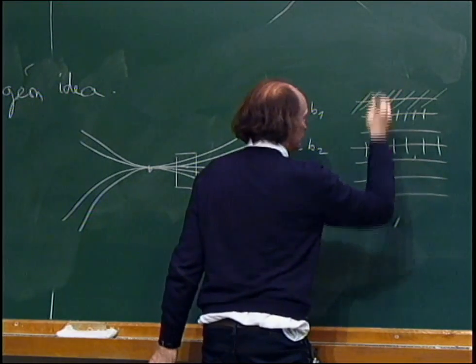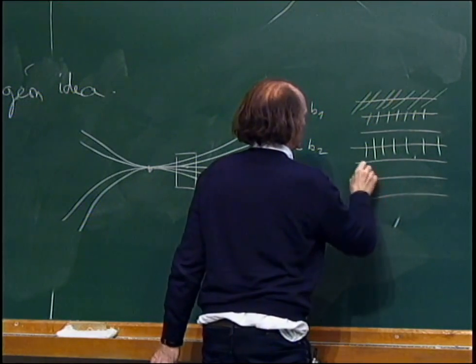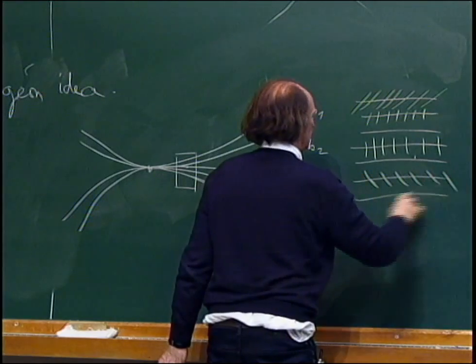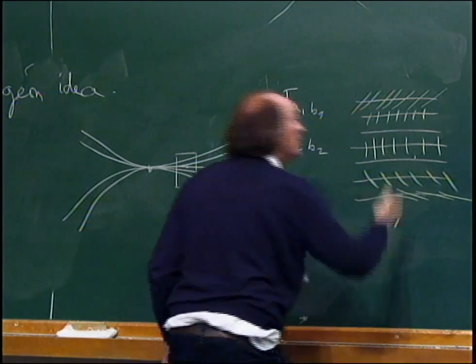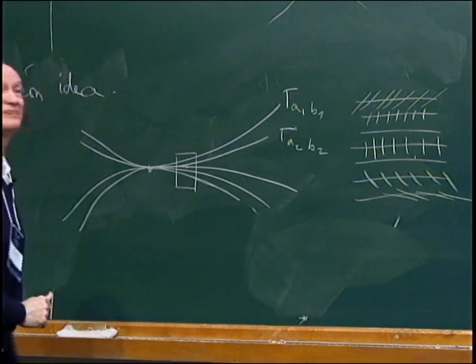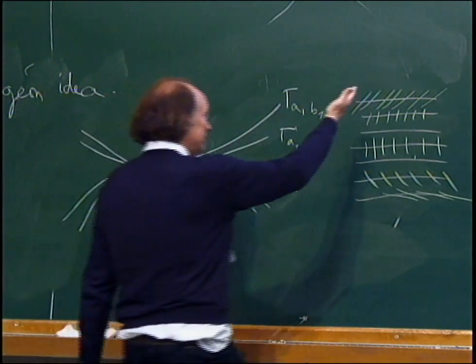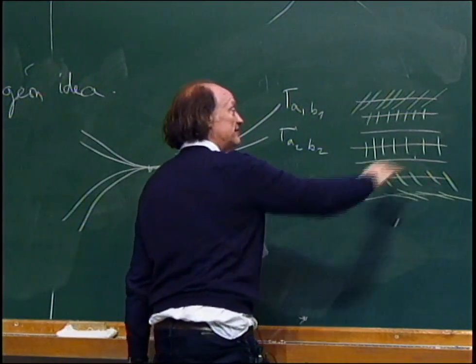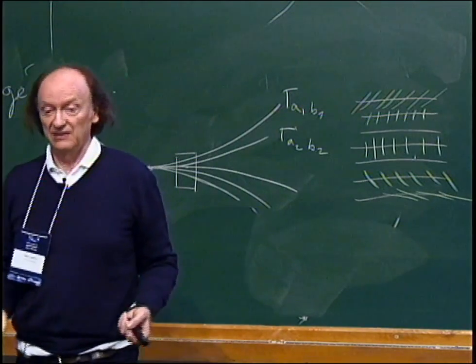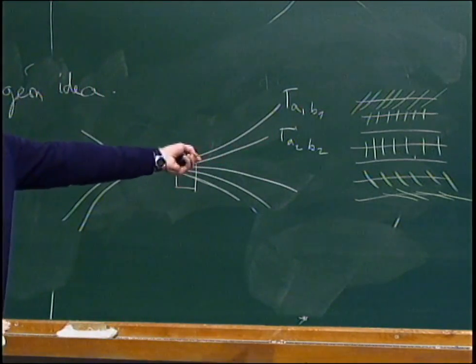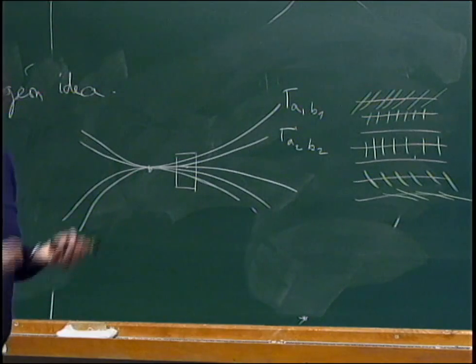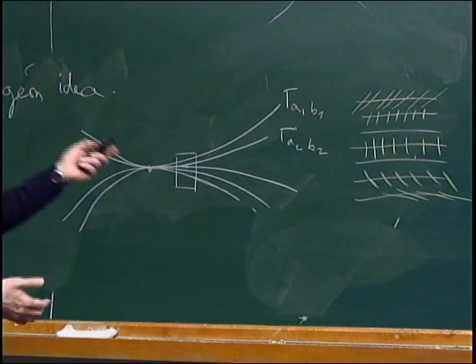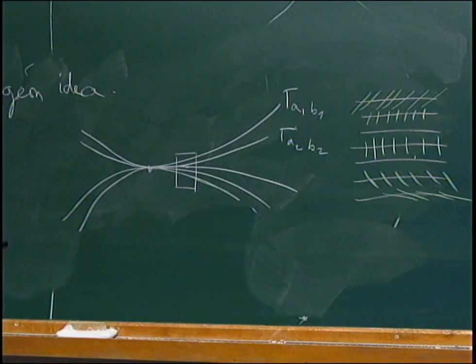For example, I'm drawing just something which looks like what is there. And then we see that just this data gives a limit foliation. We have this line field which should appear. No, it's this way.